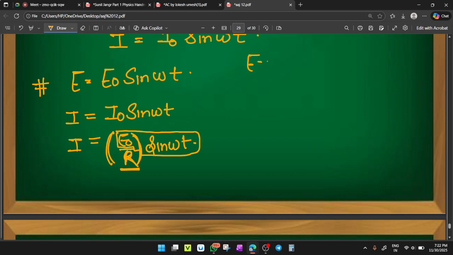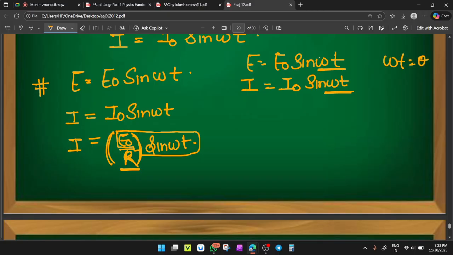The equation of E is E naught sin omega t, and the equation of I is I naught sin omega t. So they have no phase difference, because both started with the same angular velocity from the same time. They have traveled the same angle, because omega into t equals theta. So at time t, the angle traveled by the first wave equals theta. Similarly, the angle traveled by the second wave is also equal to theta.